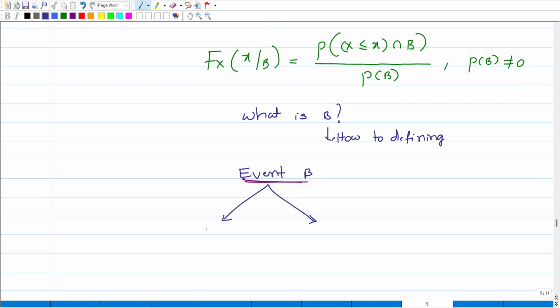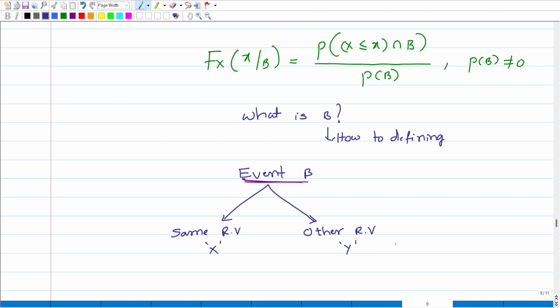The first one is event b is the same random variable x. Second way is event b is other random variable y.